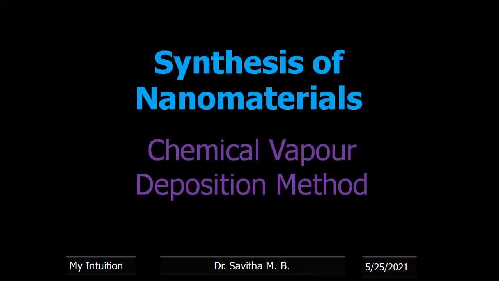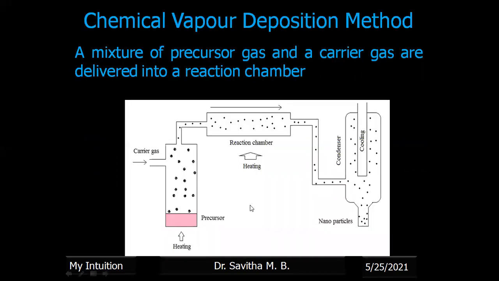Okay, the next method is the chemical vapor deposition method. The name itself is self-explanatory. Here, a chemical is converted into vapor and then it is deposited. In this method, there is a chamber wherein a mixture of precursor gas and carrier gas is delivered into the reaction chamber.